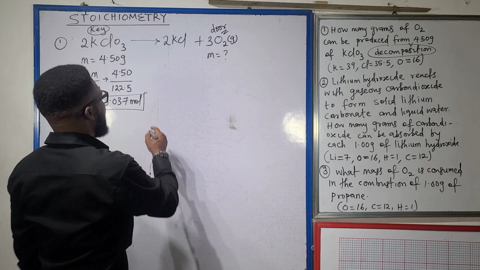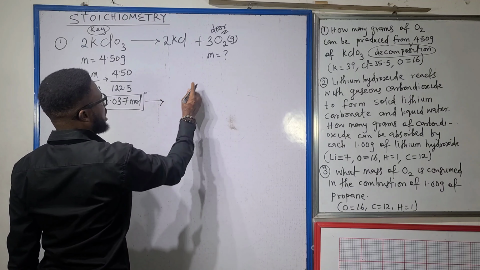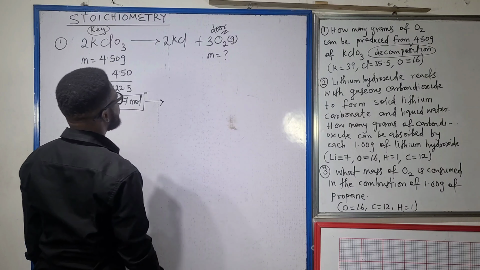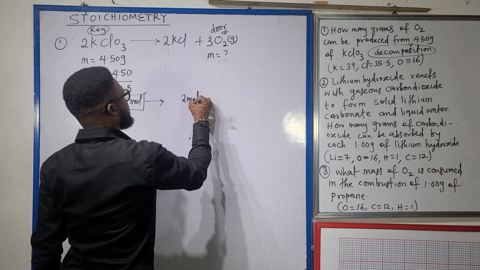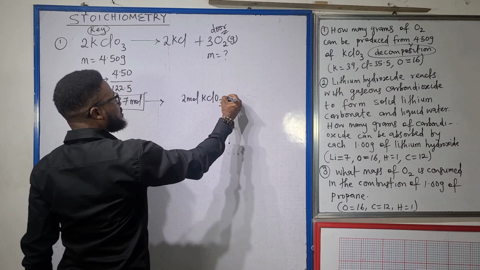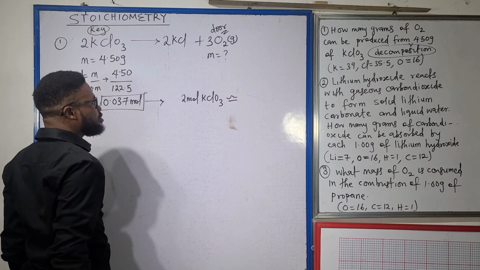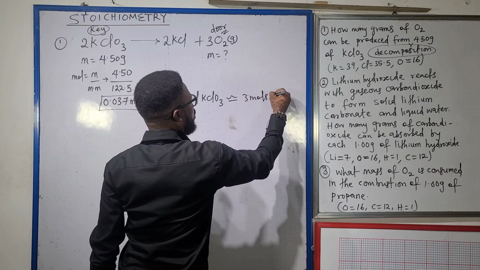I then can use that to unlock this, to unlock for my oxygen. Looking at this balanced equation, 2 mole of KClO3, potassium trioxochlorate(V), is stoichiometrically equivalent to 3 moles of oxygen.